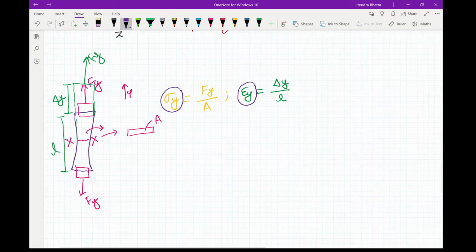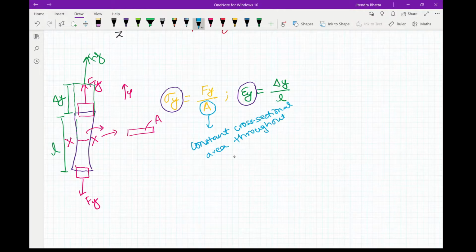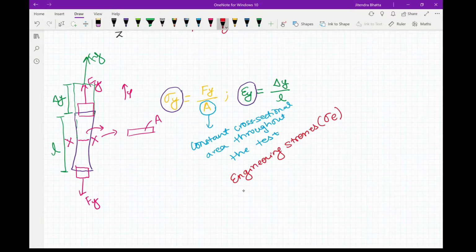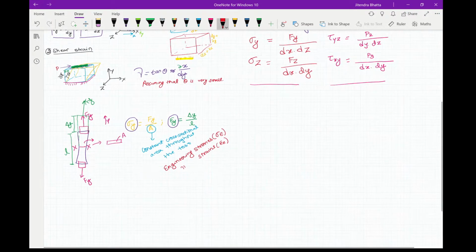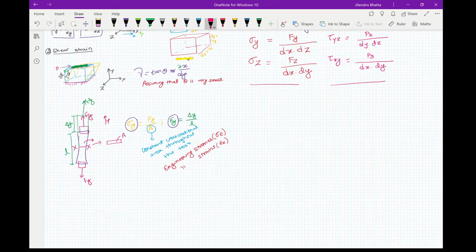Now the stresses and strains obtained by assuming constant cross-sectional area throughout the test are known as engineering stresses, denoted by sigma E. Similarly, the strain will be known as engineering strains, denoted by epsilon E. In reality, what happens is that when this element is stretched, it will reduce its cross-sectional area, similar to a rubber band.